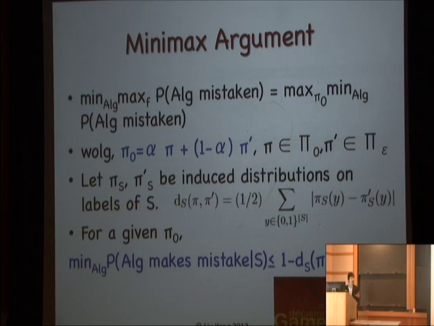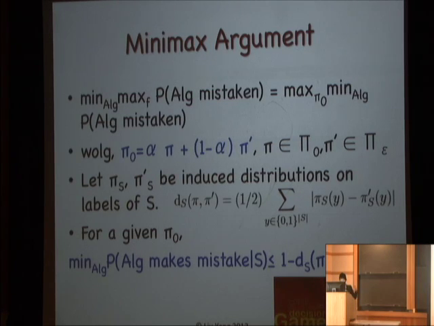In other words, the classical min-max theorem tells us that the optimal probability of a mistake, which is the minimum over algorithms, worst case over the target function, is equal to the Bayes risk, which is the minimum over algorithms, under the worst case prior.